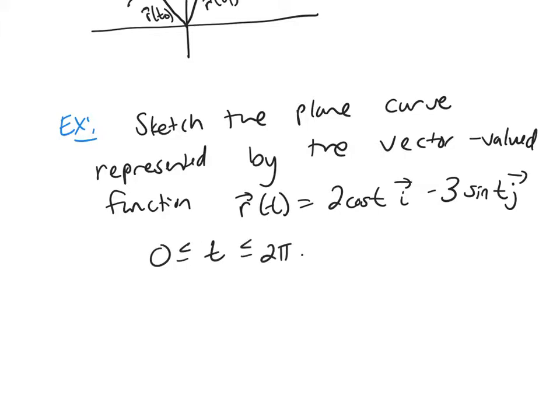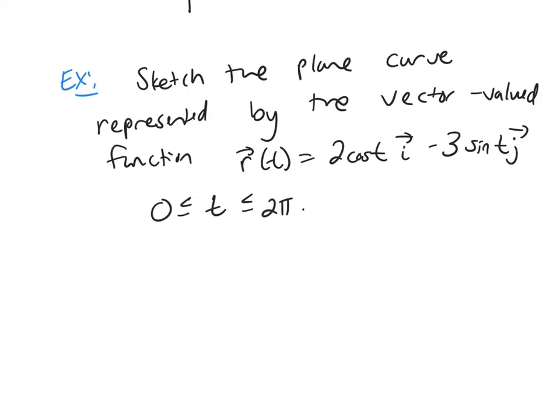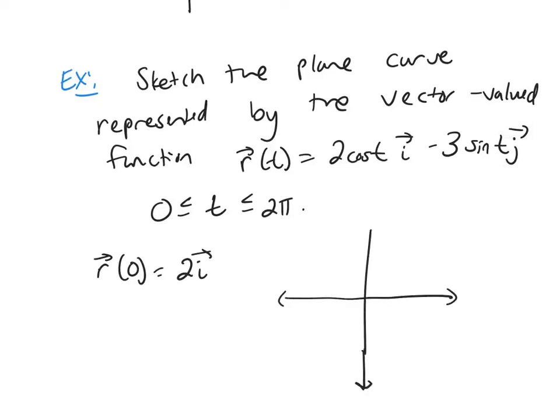So we can start by plugging in values for t, so let's start by plugging in 0. If you plug in 0, you'll get the vector 2i. The point on the curve would be the terminal point of that right there.